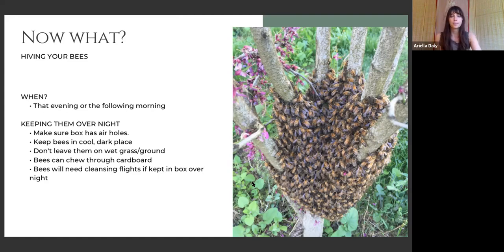So that evening, when you hive your bees, when you actually put them into a hive, if you don't catch your bees in a hive itself, as you saw in that picture of me scooping bees and putting them into a Langstroth colony, then you're going to need to hive them, pour them, or introduce them into a hive. And when can you do that? You can do it that evening, like on a warm spring day.